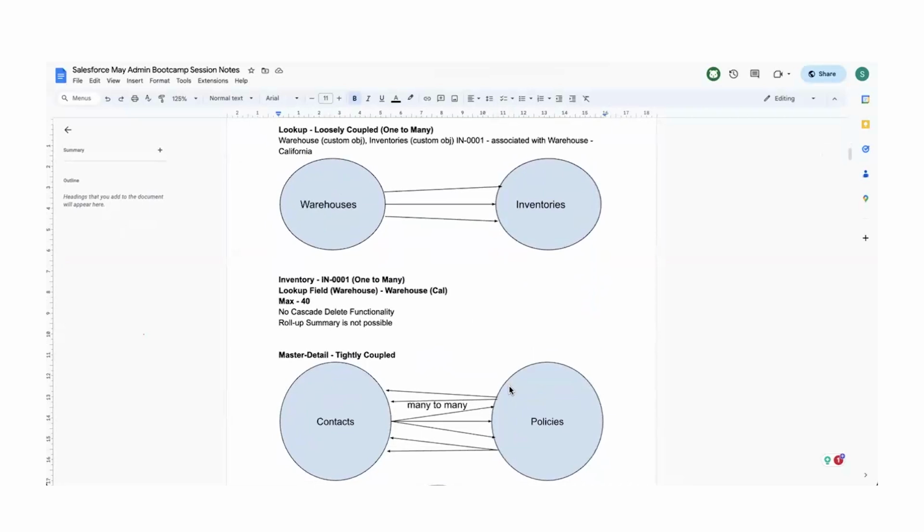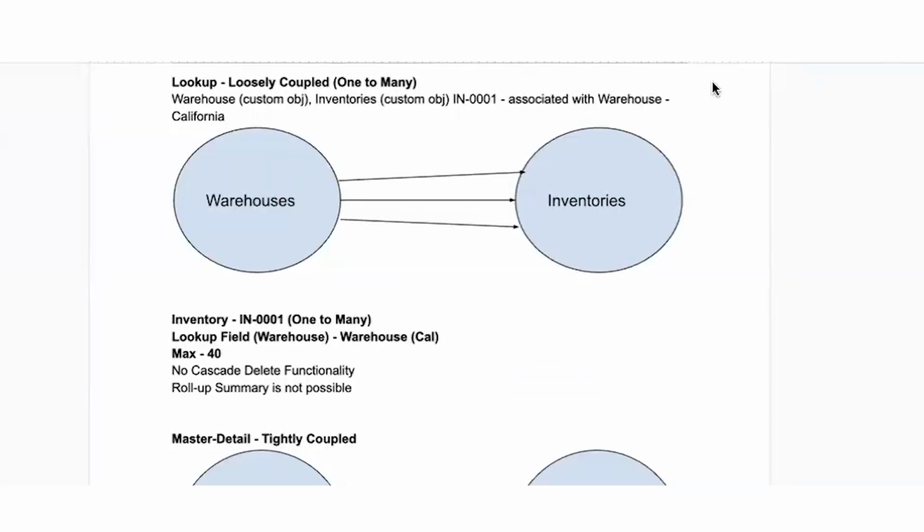One allows us to loosely associate the objects, and the other one associates the objects in a tightly coupled manner. So both these relationships will allow you to connect two data tables.